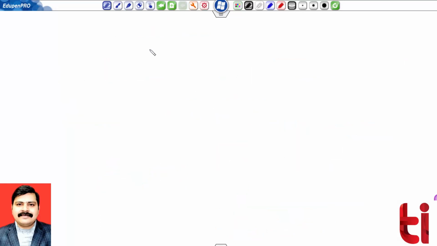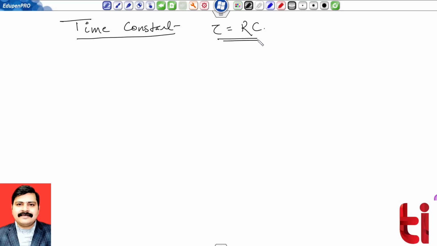Let us see the next essential part, the time constant. Tau equals RC is the time constant required for the clamping circuit. So one has to choose the external components, resistance and capacitance, smartly. The selection of R and C is important here.